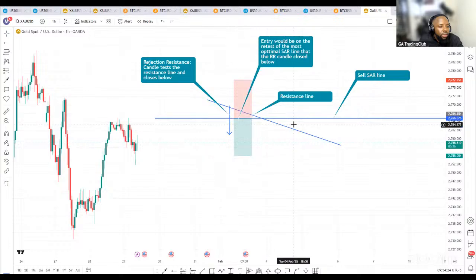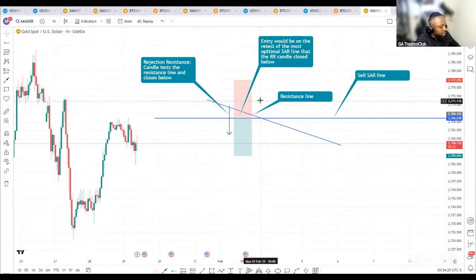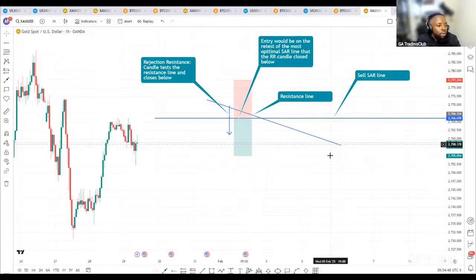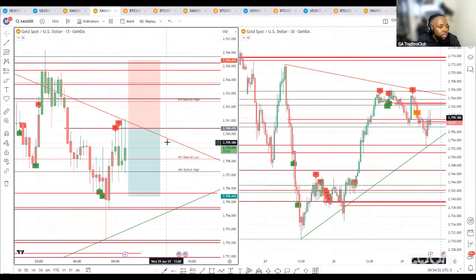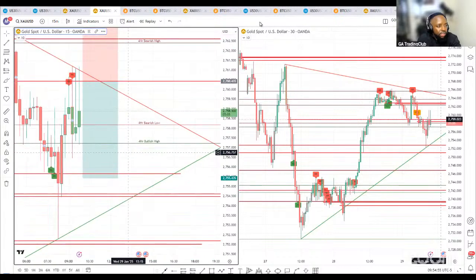And as always, you need to make sure all three confluences align. So ideally right now, all we have to do is wait and see if we get this. So that's the pattern we're looking for.